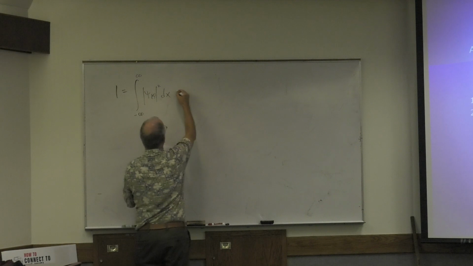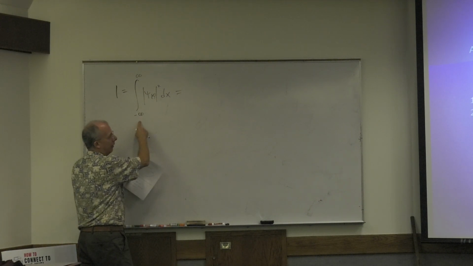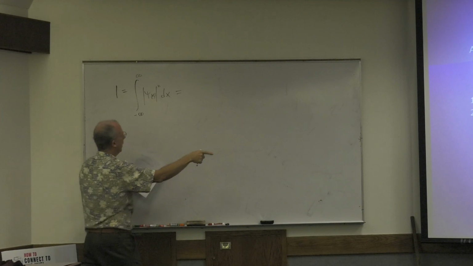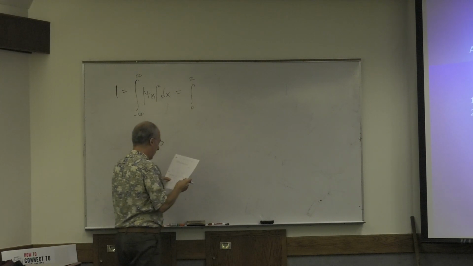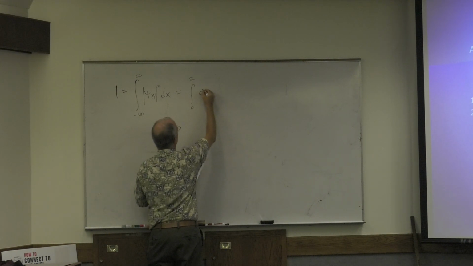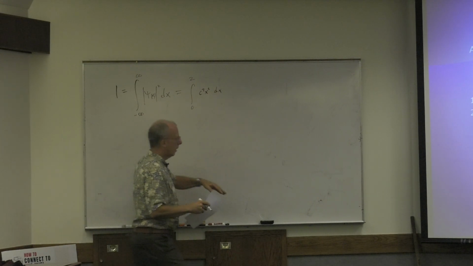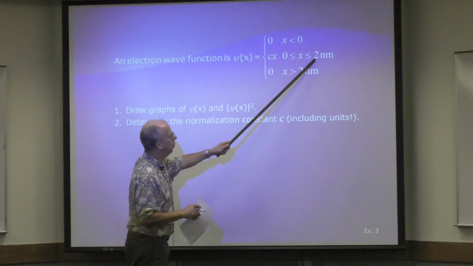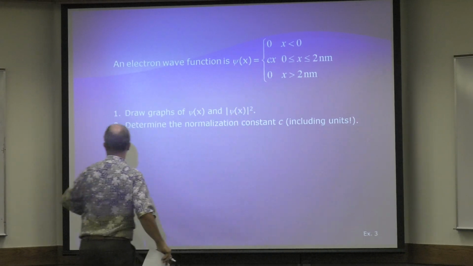Well, it's 0 between minus infinity and 0, and 0 from 2 to infinity. So all we really have is 0 to 2, and it's just c squared x squared. Makes sense? The only place that the wave function is not 0 is between 0 and 2, and so psi squared is just c squared x squared.